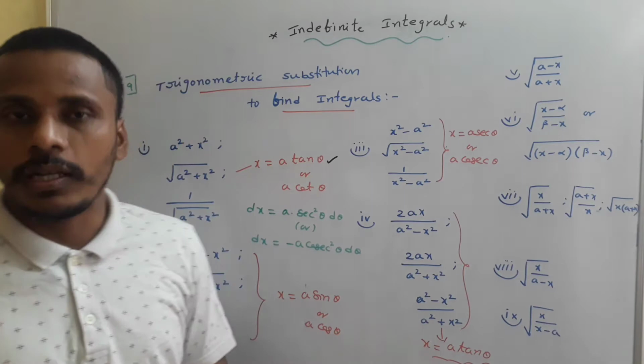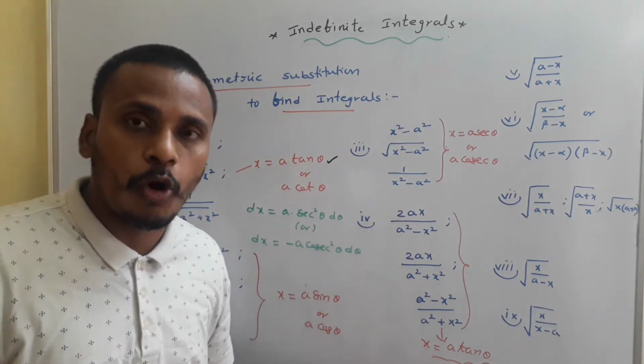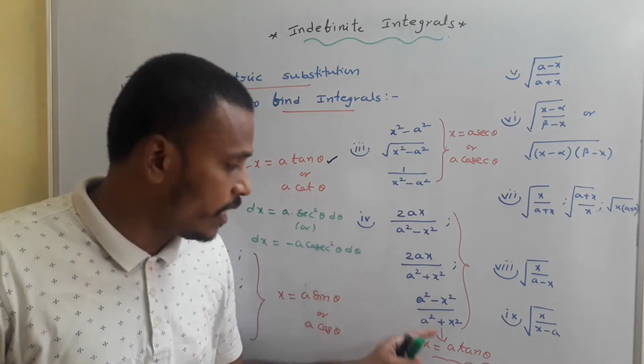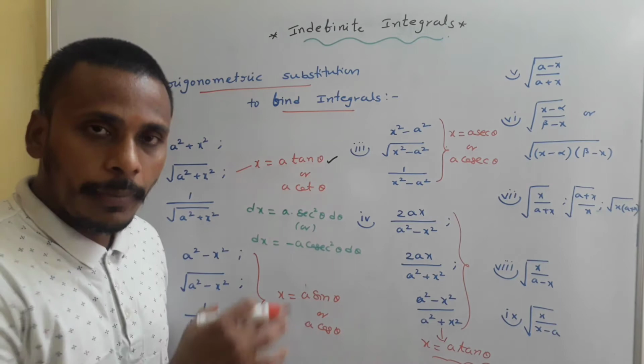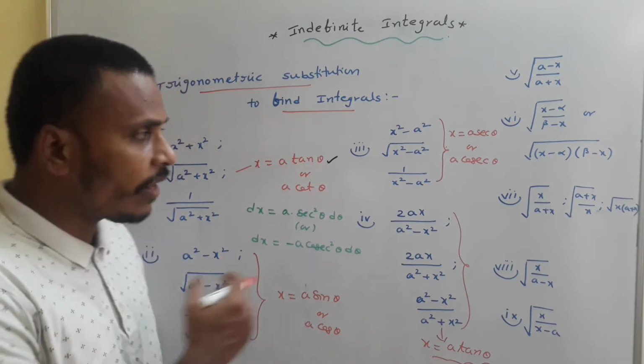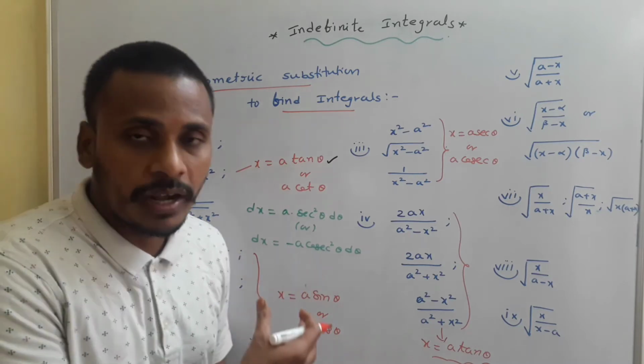From there it is easy to answer. So the perfect substitution to solve a problem involving any one of these three is x equals a tan theta. First of all, observe this, make a note, take a screenshot, and then I will give you one or two problems to solve using this trigonometric substitution.